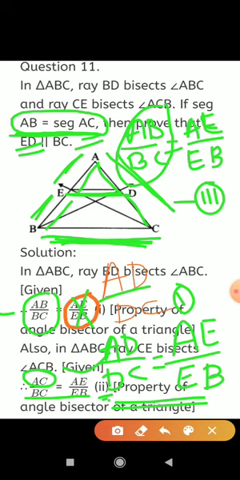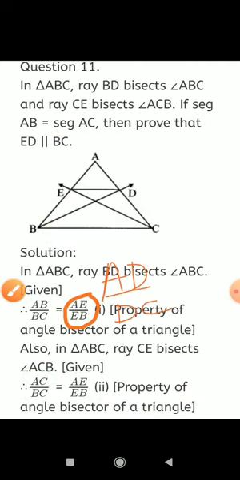Thus we prove that segment ED is parallel to segment BC. So here we complete question number 11 and practice set 1.2. Okay, in the next lecture there will be the next topic.